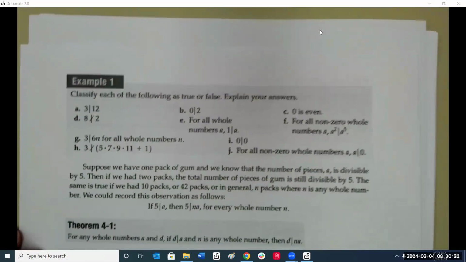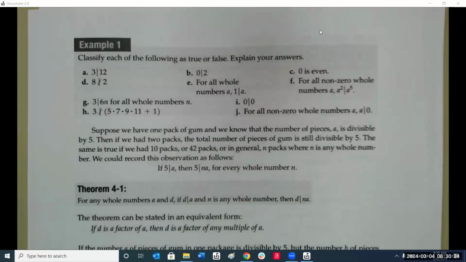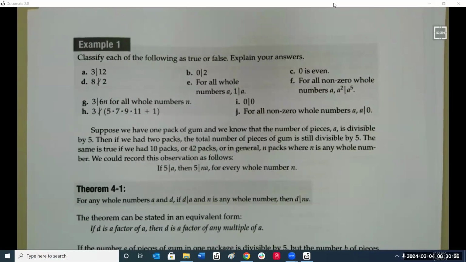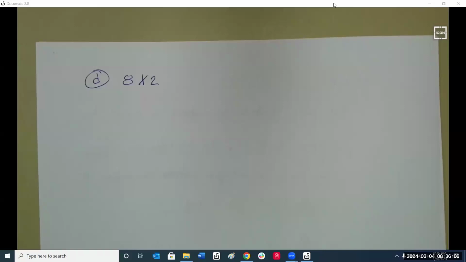Go ahead and work the other ones out with your neighbor. Put it on pause. D, true or false? Why?